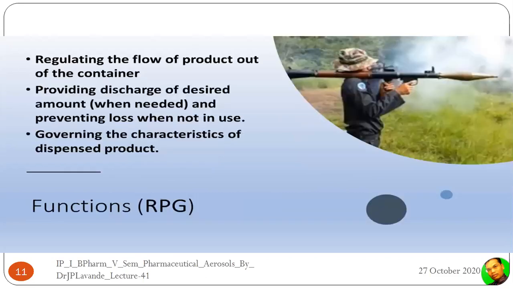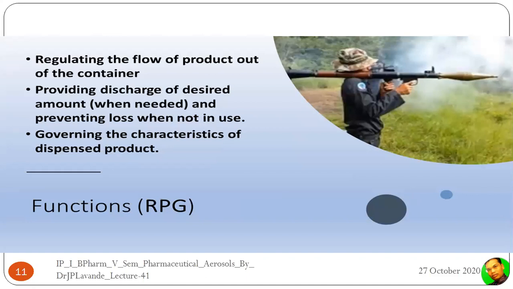Now, the valve performs three different functions, and these can be summarized in the form of RPG. What is this RPG? R stands for regulating, P stands for providing, and G stands for governing. Now, what is to regulate, what is to provide, and what is to govern?